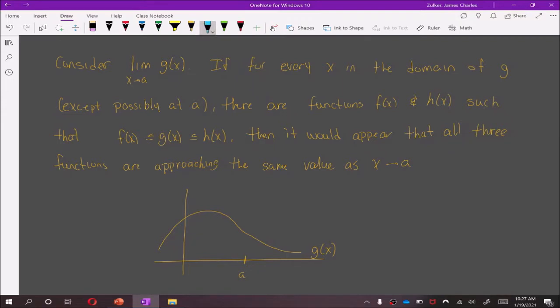Okay, now let's say this would be our f of x.